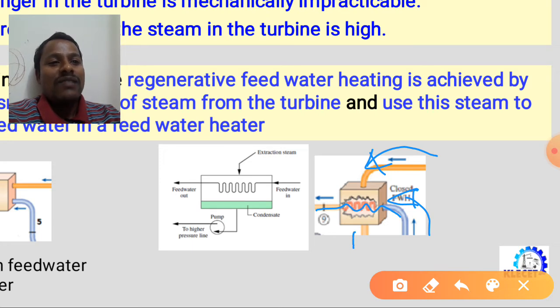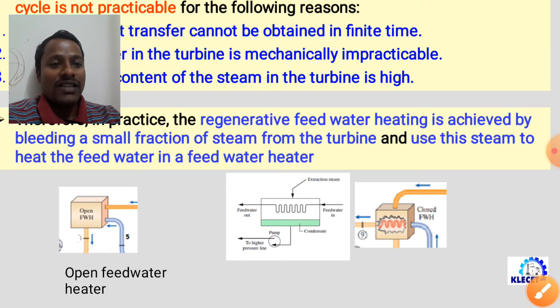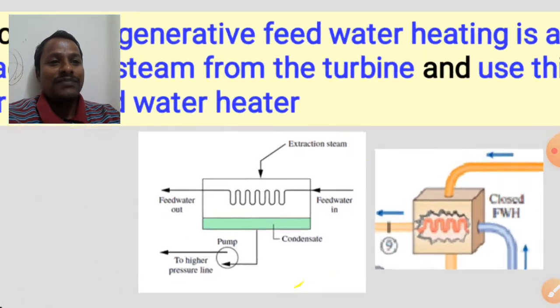And the steam after condensation becomes condensate, and again it is added into the cycle. Such type of feed heater is called a closed feed water heater.